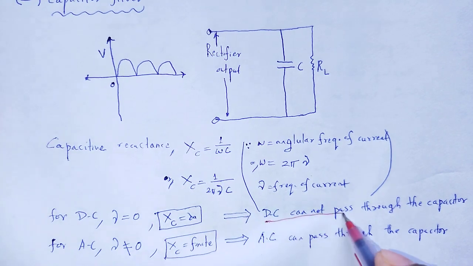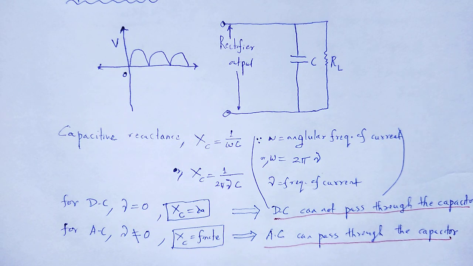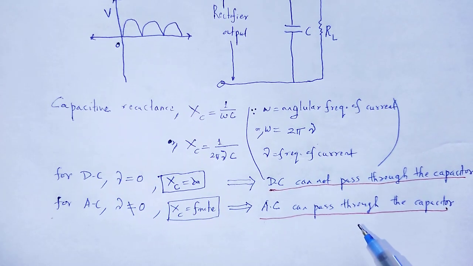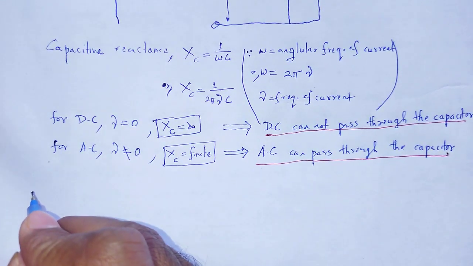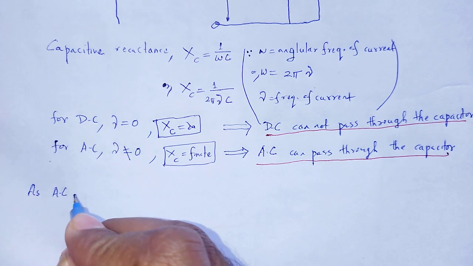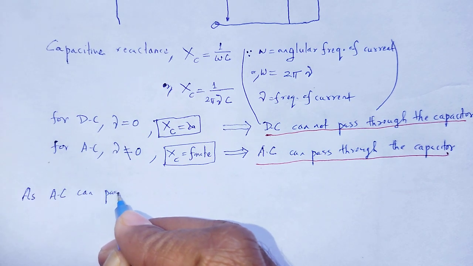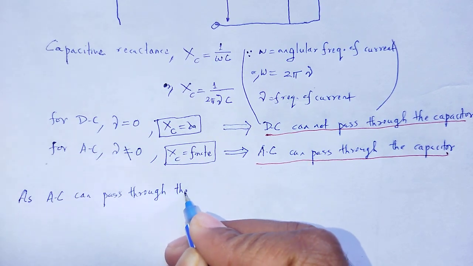Here DC cannot pass through the capacitor, while AC can pass through the capacitor.